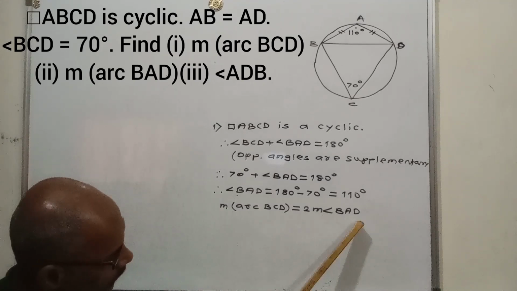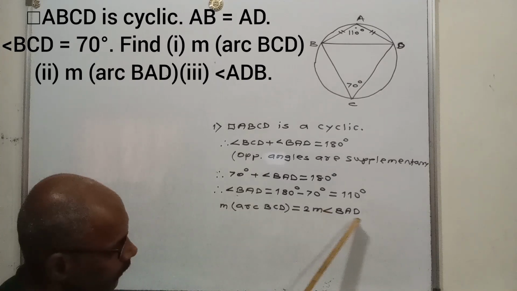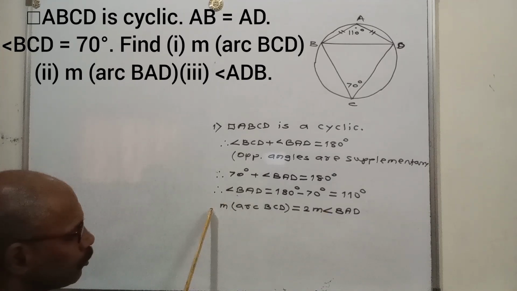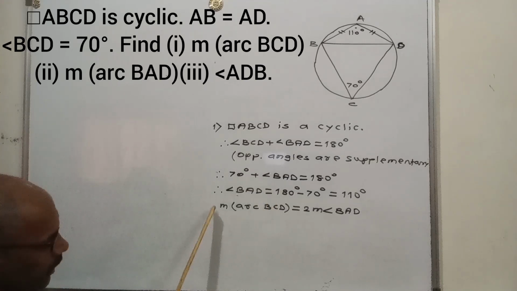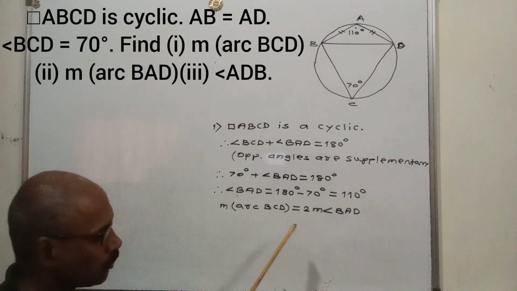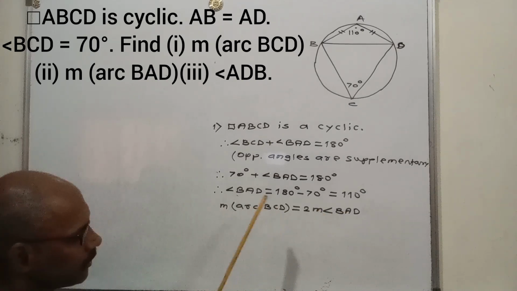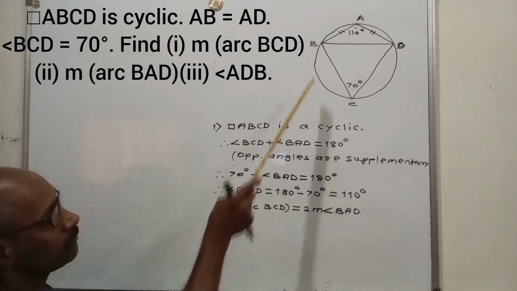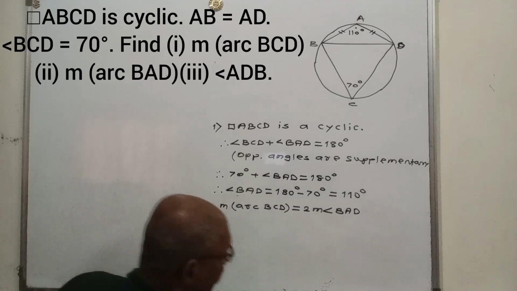The actual formula: major angle BAD is equal to 1/2 major arc BCD. We take this 1/2, meaning 2, to the right side. Did you get it? See this arc BCD and this angle BAD.